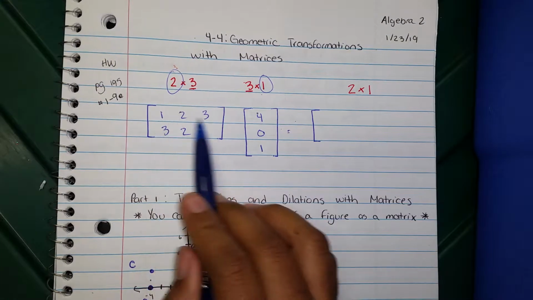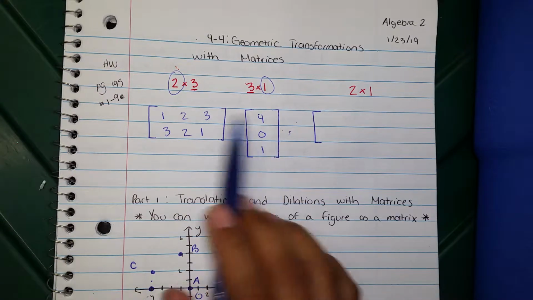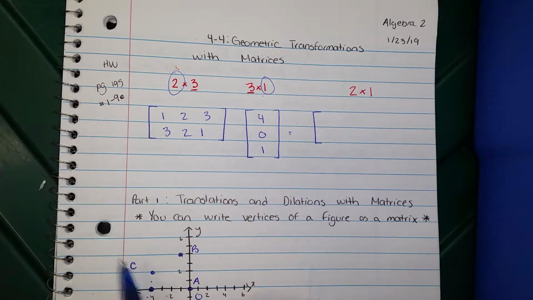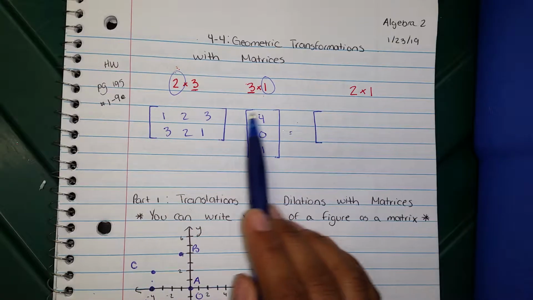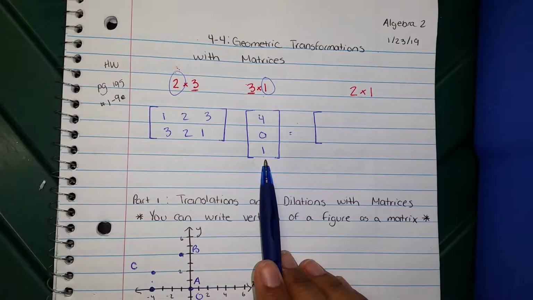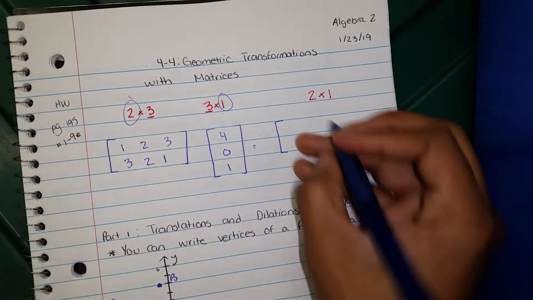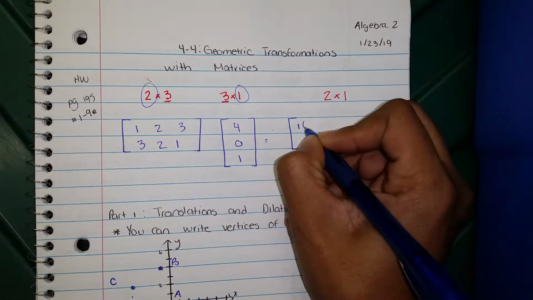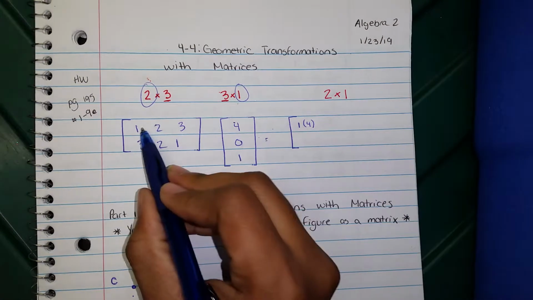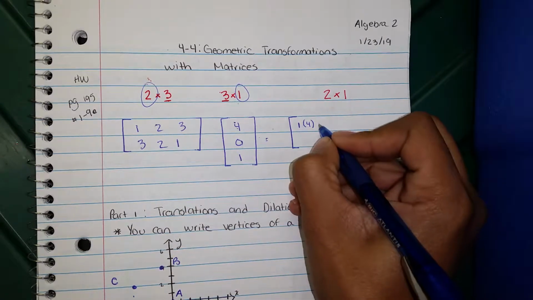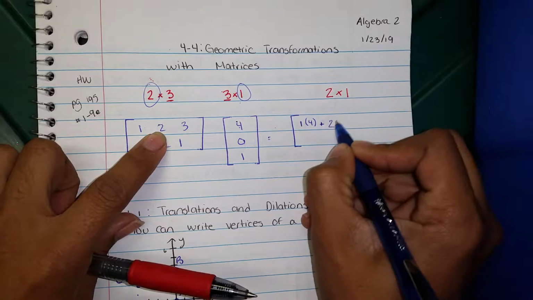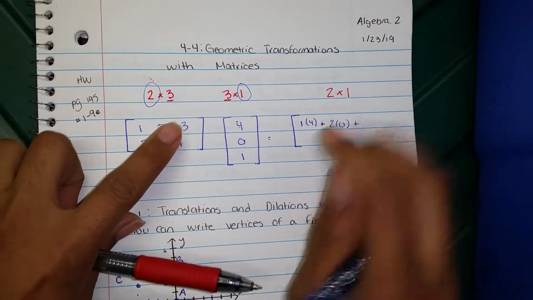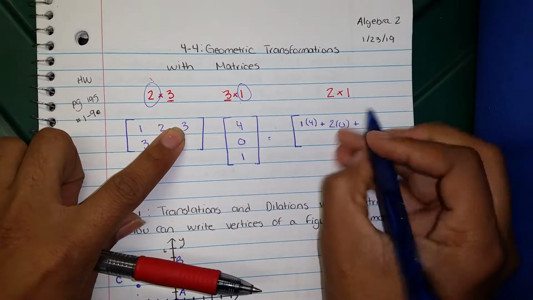So I'm going to leave the 2 rows there. Remember, you're multiplying row by column. So the element in row 1, column 1, is going to be the product of the element in row 1 by the only column there is, column 1. So it's going to be 1 times 4 plus the next element, 2 times 0, plus the next element, 3 times 1.